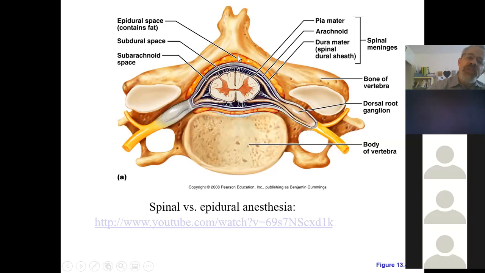So once you have an injection of epidural anesthesia, you won't feel the effect right away, but once you do, it'll last a while by the time it reaches the spinal cord. In contrast, spinal anesthesia goes through the epidural fat, just underneath the dura, very close to the spinal cord. Of course, the doctors have to be very careful about that. It's closer to the spinal cord, which means that it'll take effect much quicker, but it won't last as long.